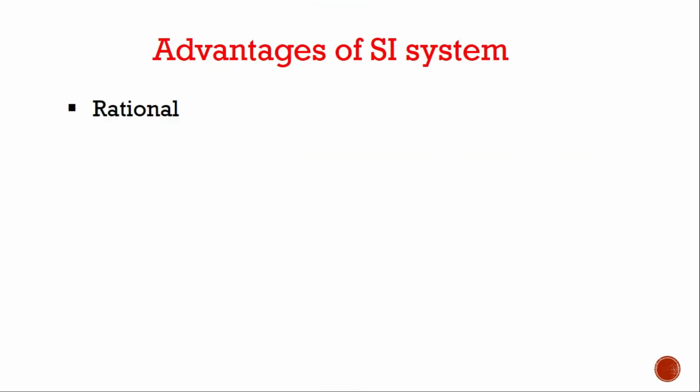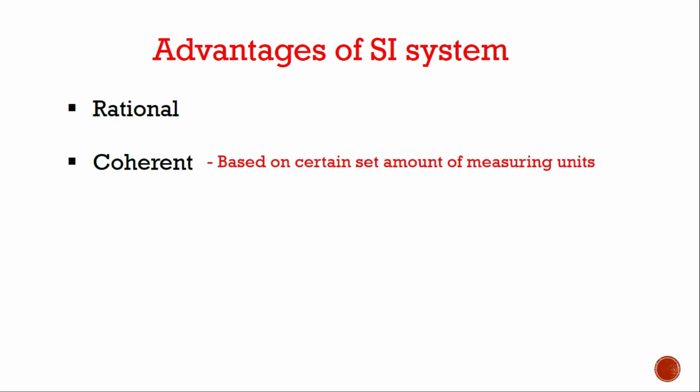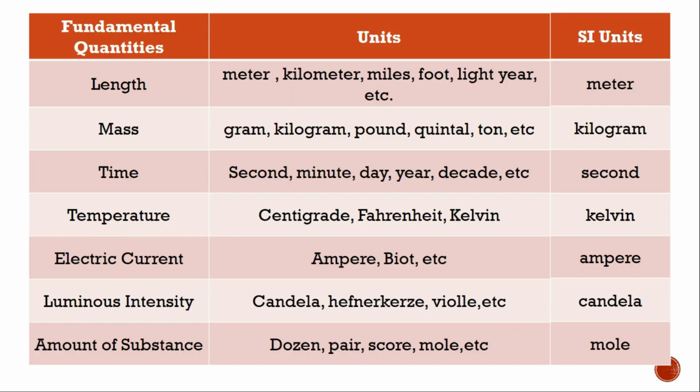But apart from being rational, SI system also had some more advantages up its sleeves. Like for once, it's a coherent system of measurement, which means कि it is based on certain set amount of measuring units. भनेसी कि even if कुनै एउटा physical quantity को थुप्रै number of units हुन सक्छ, but in this system, only a single unit will be used to express that physical quantity.